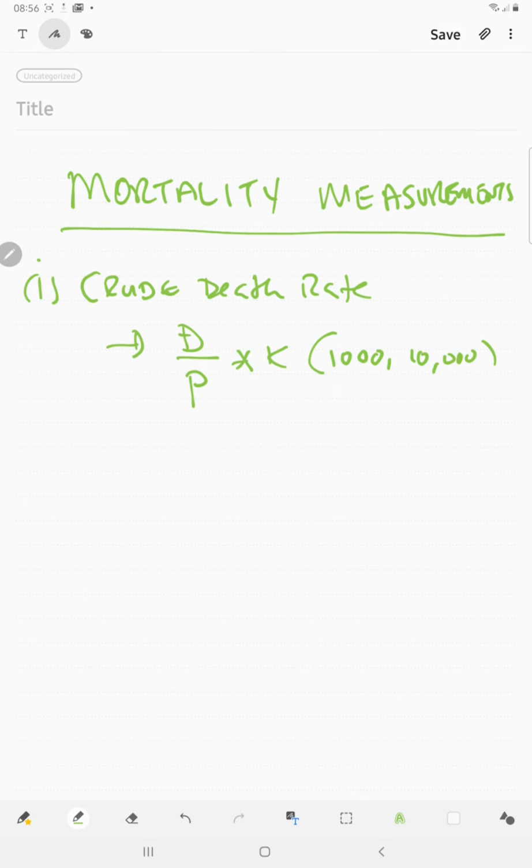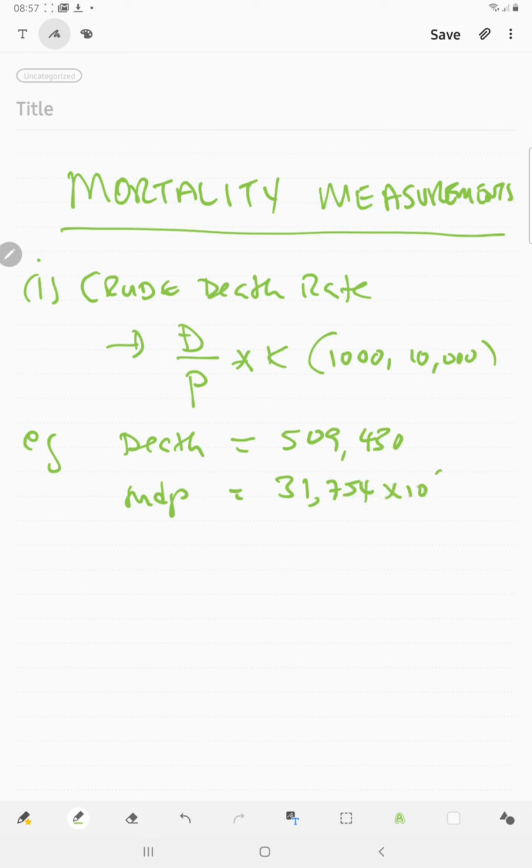For example, the number of deaths in an area could be 509,430, and the median population for that particular area could be 31 million 754, times 10 to the power 6. Let's assume that this is the population.